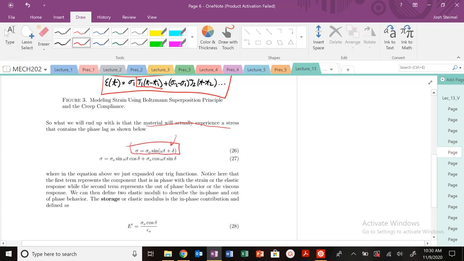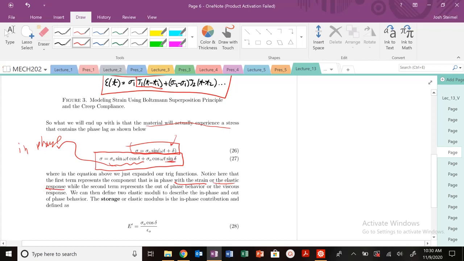If you do some trig function expansion, this is going to be our expression for stress. You'll notice here we have the first term, which is in phase with the strain, so this is going to be our elastic response.